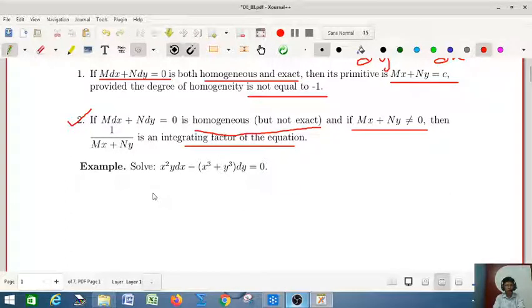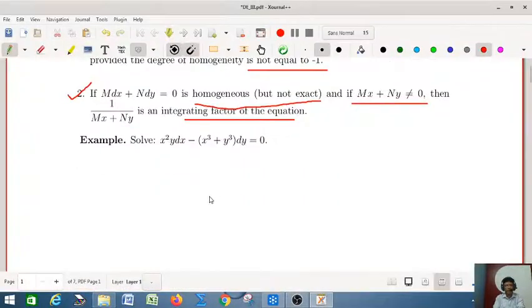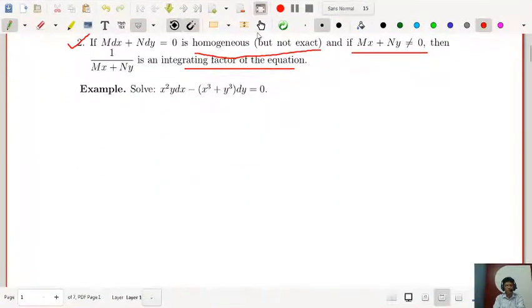Okay, so let's solve. We have (x square y) dx minus (x cube plus y cube) dy. So here your M is x square y and N is minus of (x cube plus y cube).